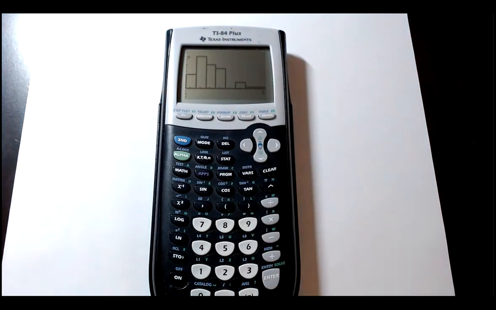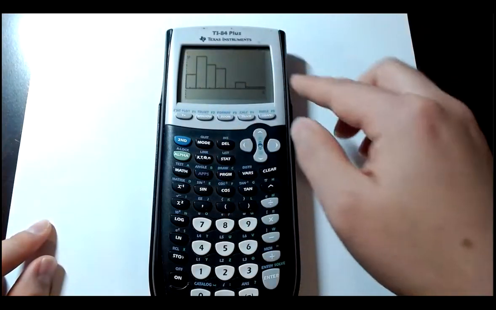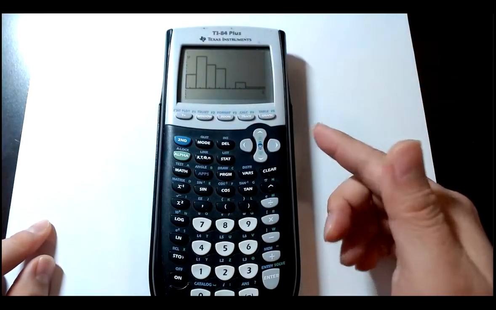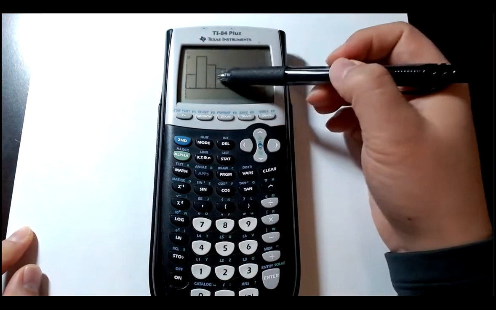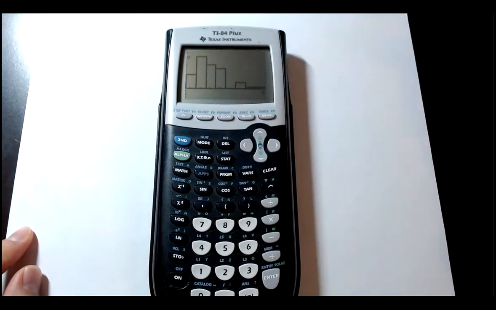In this histogram, they're showing the frequency, and the classes are the vertical bars. So here we've got 1, 2, 3, 4, 5, 6, 7, 8 vertical bars. The calculator automatically calculates the number of classes and the class width.